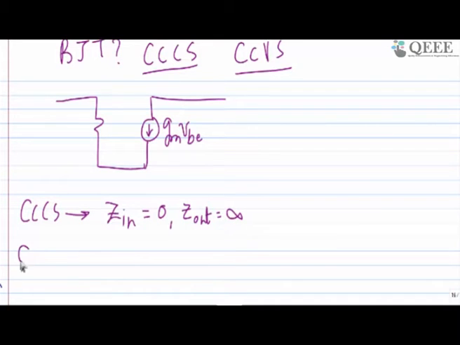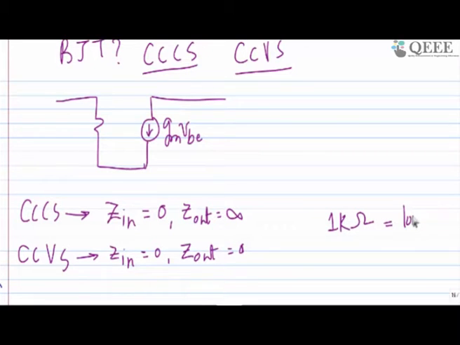This is the case. And for CCVS, your input impedance is 0 and output impedance is also 0. And remember that 1 kilo ohm, we are going to call it low, or as low as 0 for us. This is one assumption. Let's agree on that. In mega ohm and other higher values, we are going to call it infinity or the higher value.